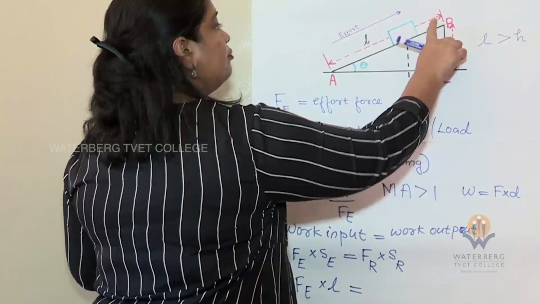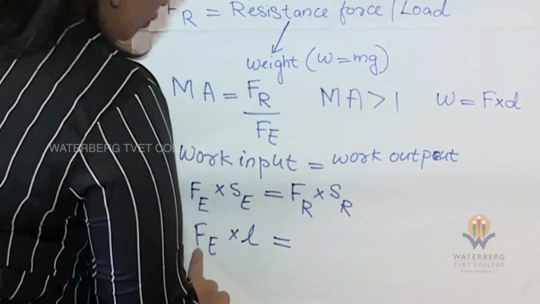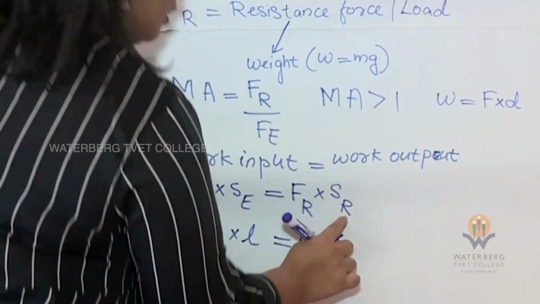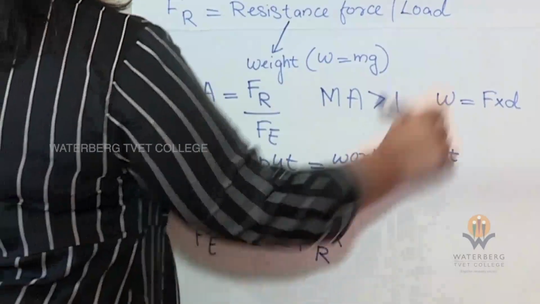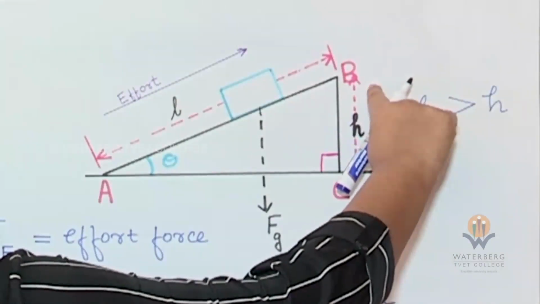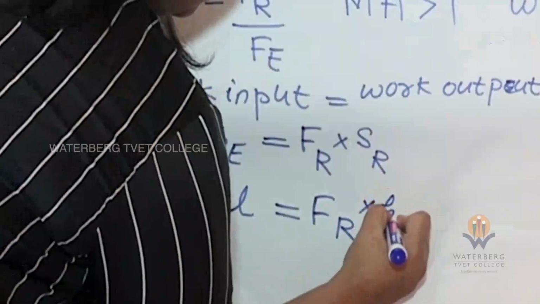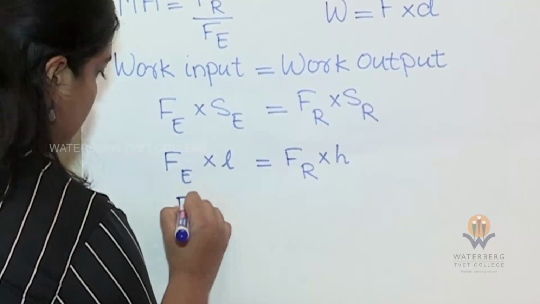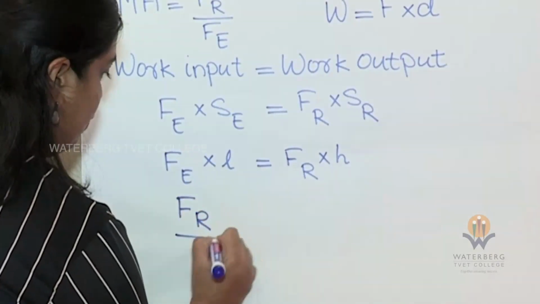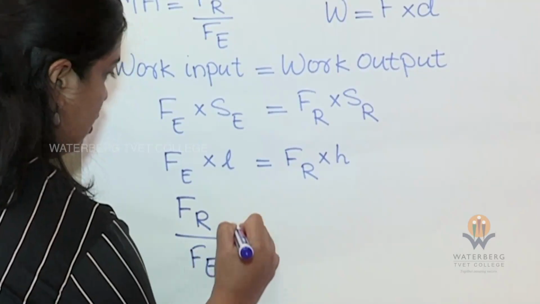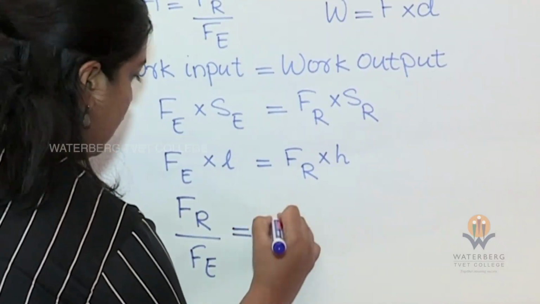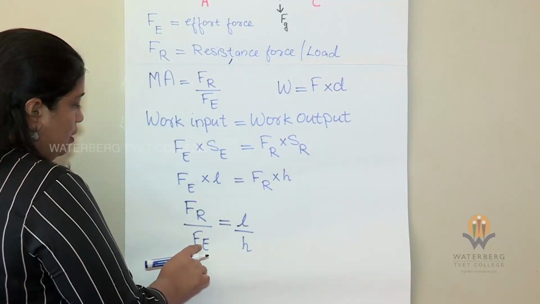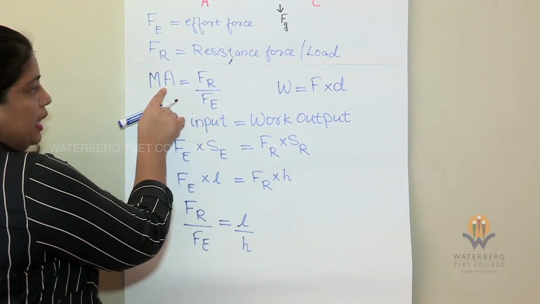Se is the length of the inclined plane, which is L. So, Fe times L equals Fr times the resistance distance, which is the height of the incline, H. So from here we can rewrite the formula as Fr over Fe equals L over H. So Fr over Fe is the mechanical advantage.